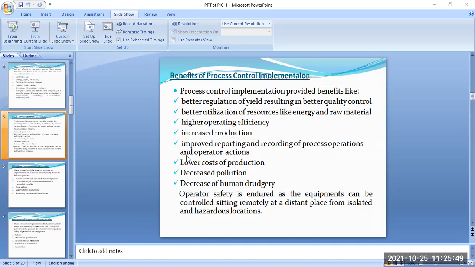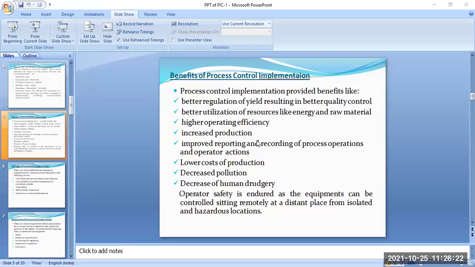Okay, number 4, increase the production. So this is the main characteristic nowadays. All of you have seen that in the manufacturing or production industries, there are lots of automobiles nowadays, that is bikes, different companies of bikes, and also cars, etc. So the production unit also increases according to the demand of the market or the customer.